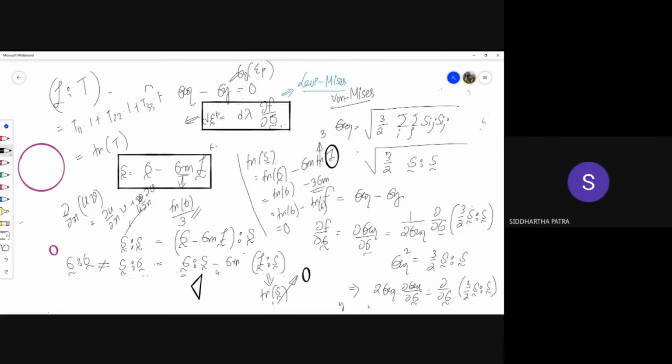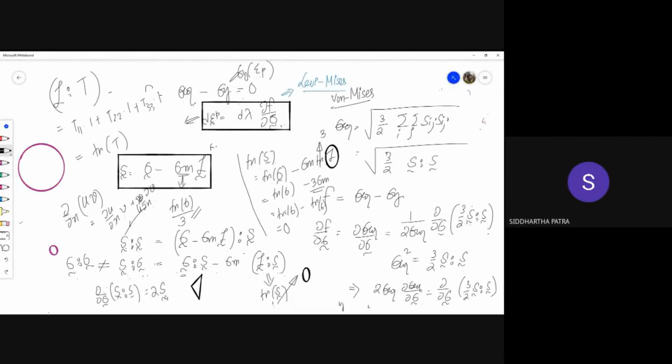Okay, so my point is, when I take the derivative of S inner product S with sigma, I actually get twice S. Okay, and that's where I'm jumping a few steps, but it can be shown.